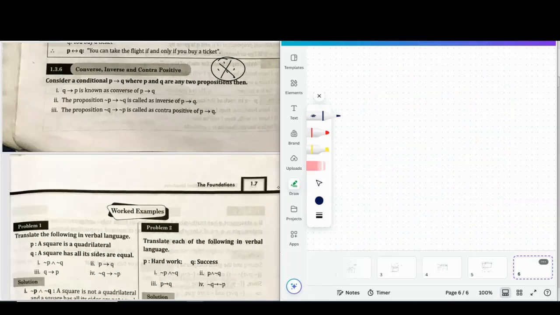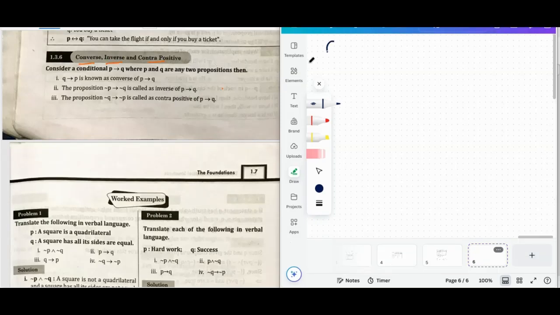Converse is nothing but, if they have given any statement P implies Q, then converse is writing the statement in the form of Q implies P. Example: P, it is raining.